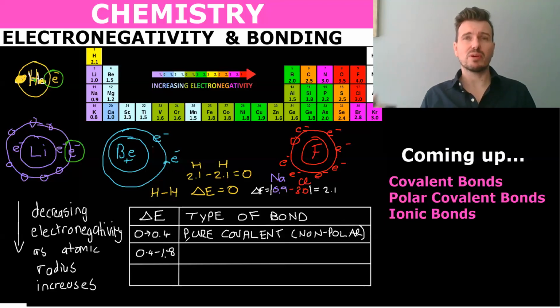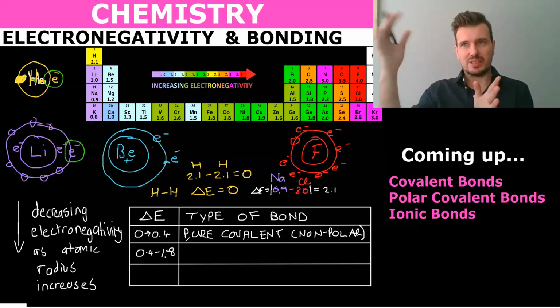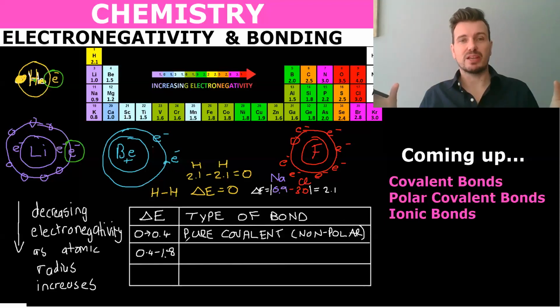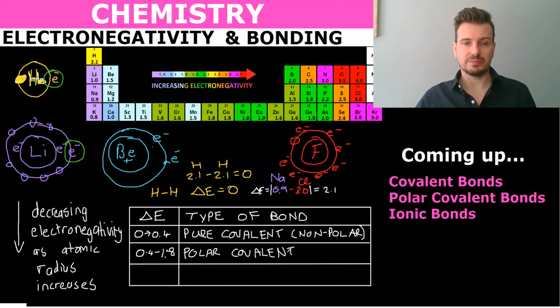So usually they won't give you one in between 1.6 and 2.1 because they know that there is that disparity between the universities and the institutions and what they take. But it's generally around about here, and this, we call it polar covalent. So those are covalent bonds, but they are polar.